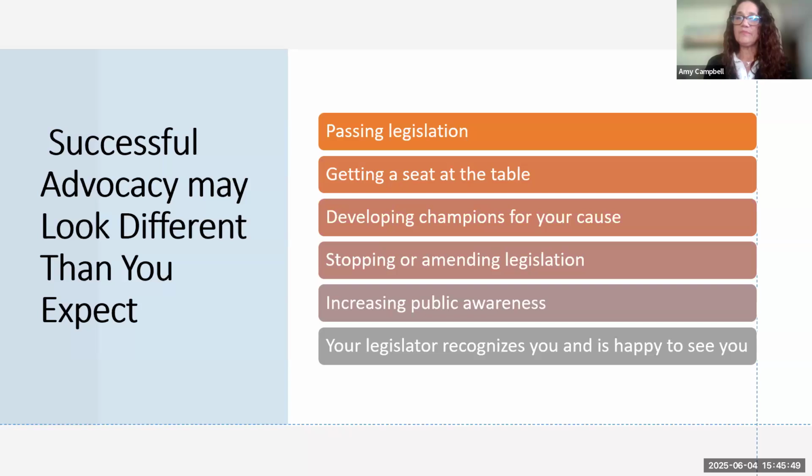And we saw a number of key legislators retire and leave the legislature who were knowledgeable about Medicaid. They were knowledgeable about disability issues. And so God bless them for retiring and being tired of being a legislator.